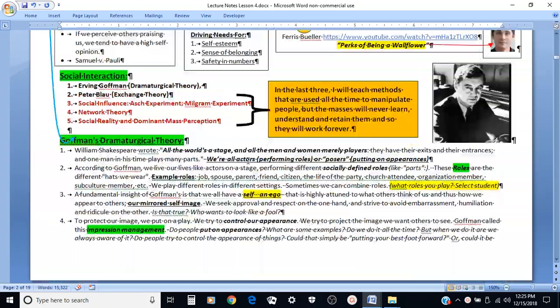Then we talked about Goffman's dramaturgical theory, and as you recall, his theory is based on the notion that we're all like actors on a stage, playing different roles, and also doing our best to control our appearances.